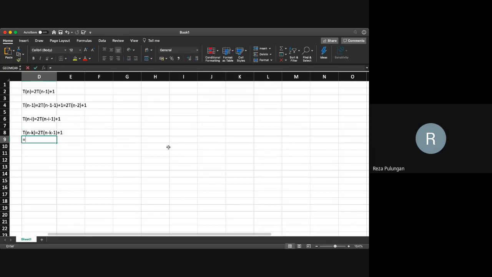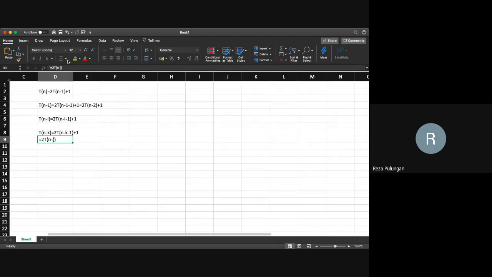And of course, this will also be equal to 2 Tn minus k plus 1, and then plus 1. This is equal. Okay, let's return to the slide.